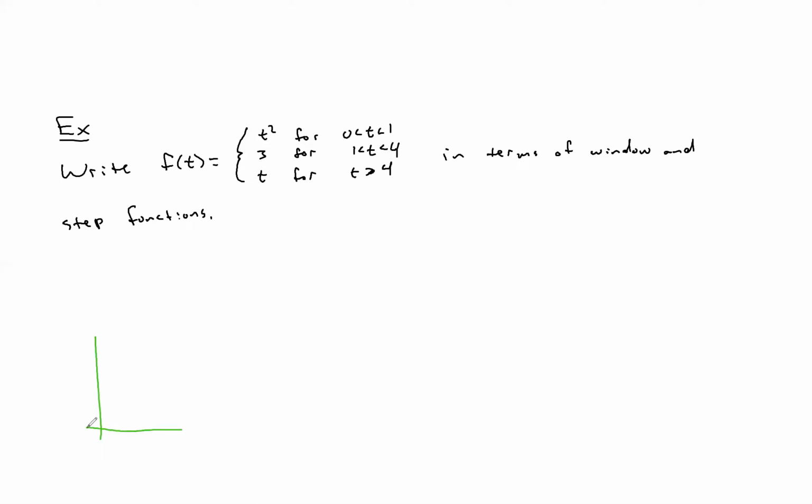We don't have to graph this in order to answer this, but let me just give you a picture. Between 0 and 1, we've got the function y equals t squared. So that's just a parabola. So we've got this parabola shape.